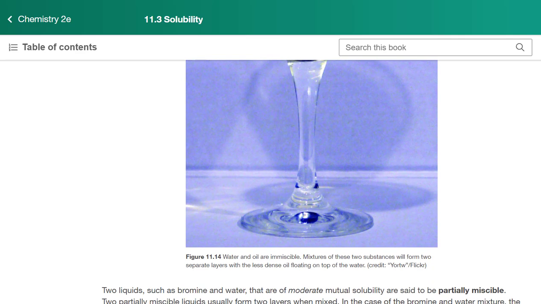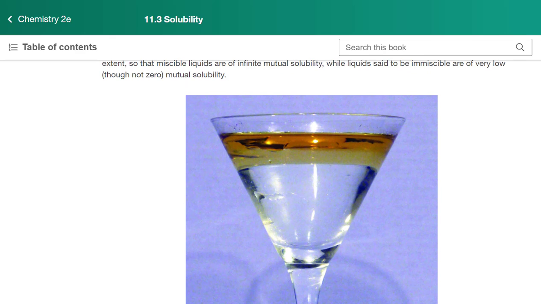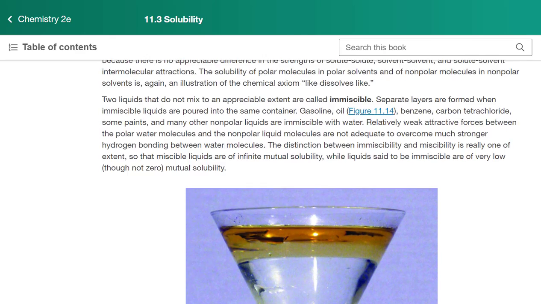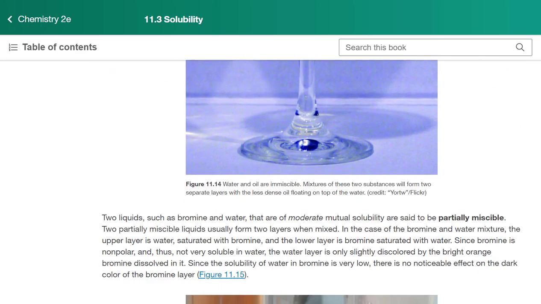Here we're showing an oil-water mixture, and this also comes up with some salad dressings where you have vinegar and oil, and you have to shake it before you put it on your salad, or else you'll get either just oil or just vinegar.